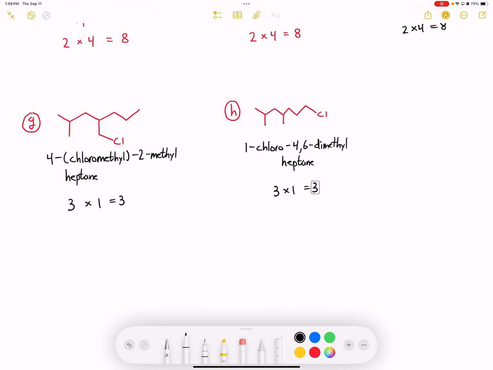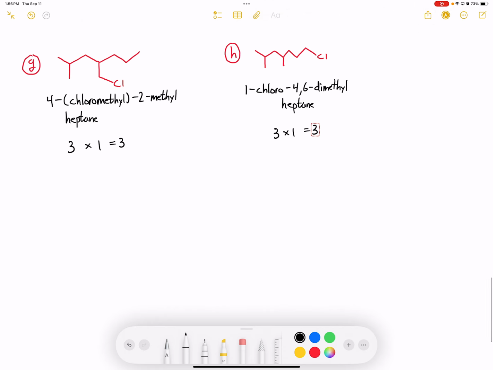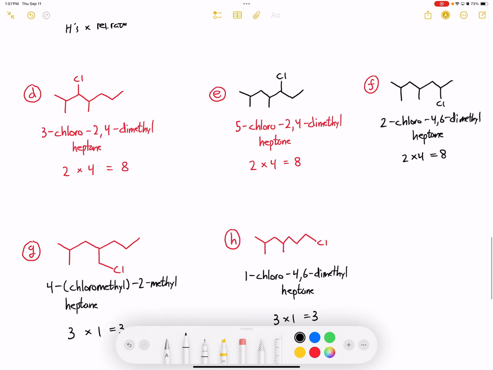All right, so I want to make a few notes about some of these numbers that I put up here, okay? The number of original hydrogens times the relative rate, or reactivity, is equal to H times R. And that's what I did up here.